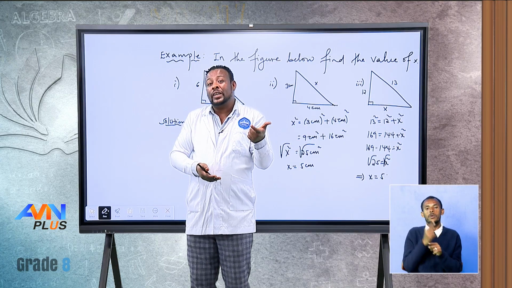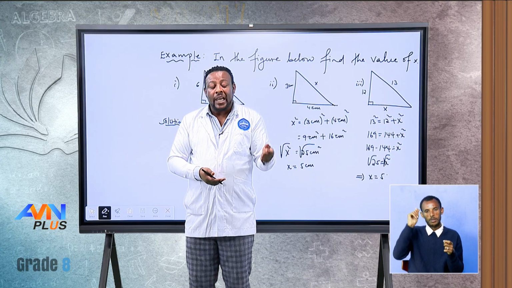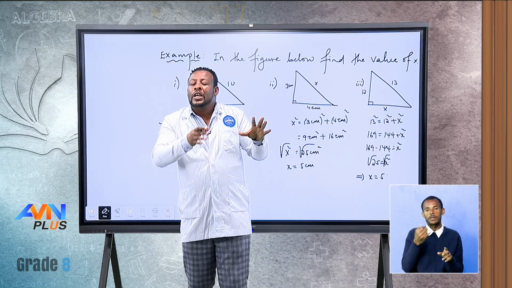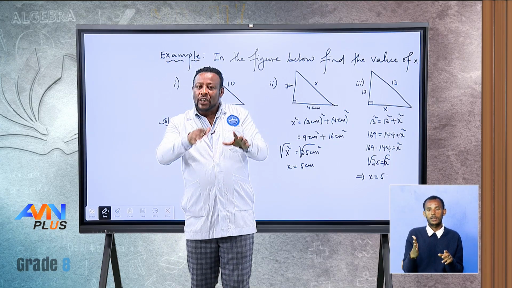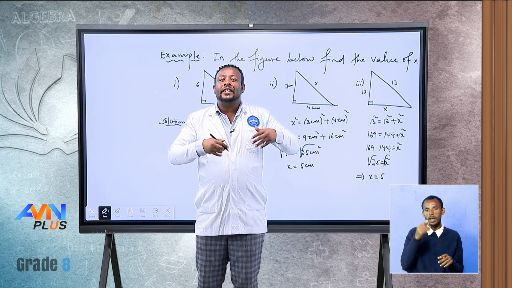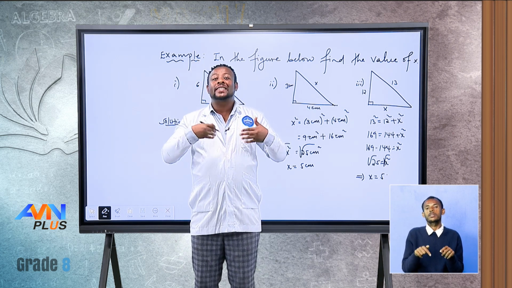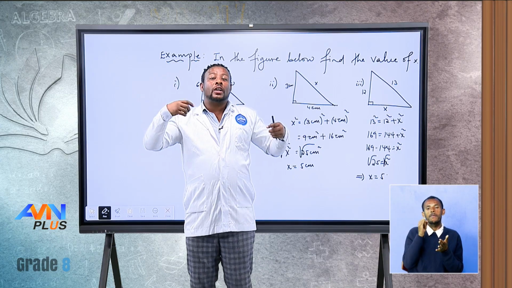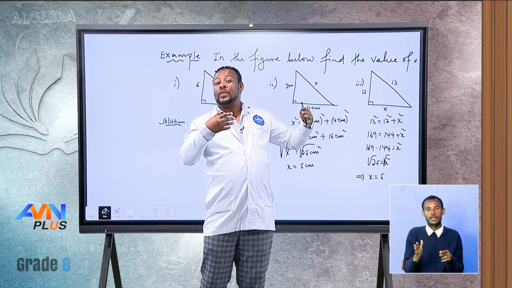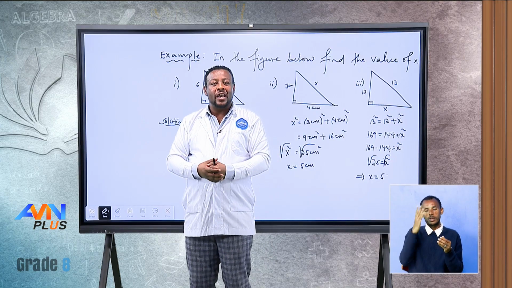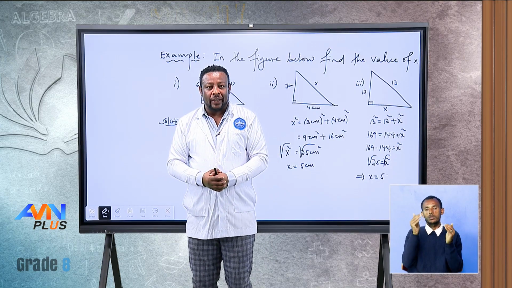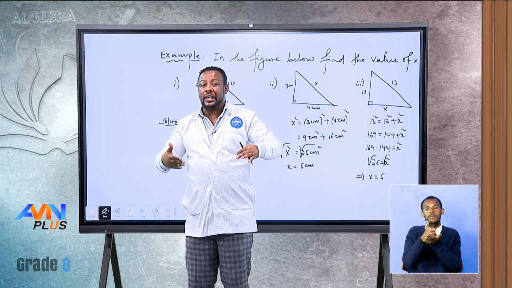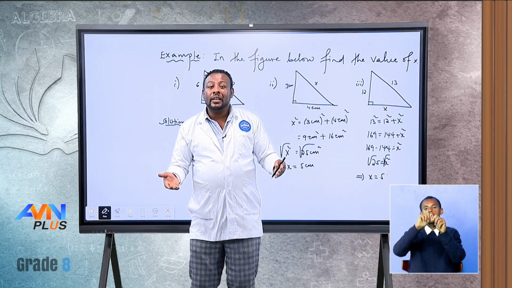And the converse of the Pythagoras theorem tells us, if we have three sides, the longest one and the other two legs, then if the square of the longest side is the sum of the squares of the other two legs, then the triangle is a right angle triangle. Okay, so that theorem helps us to identify whether the given triangle is a right angle or not.